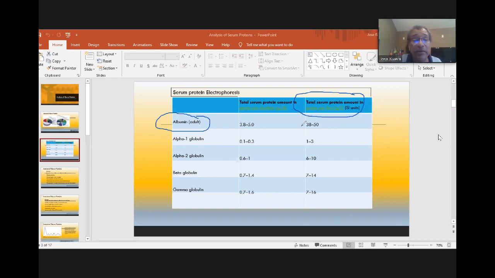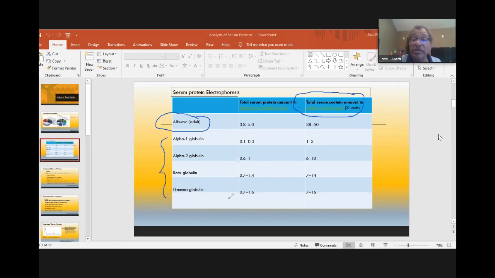It's almost 50 grams per liter. And then the other ones are distributed. So the globulin, like gamma globulin, and all of these are also found in there. All of these are proteins, part of the immune system. The gamma globulin, the IgG, is also very abundant.